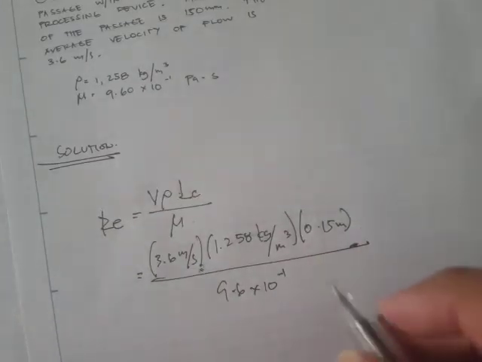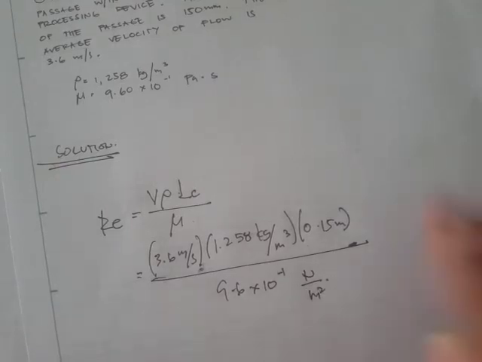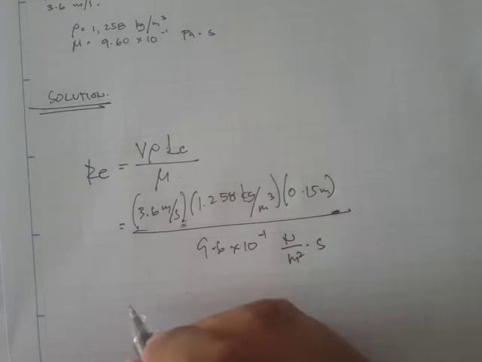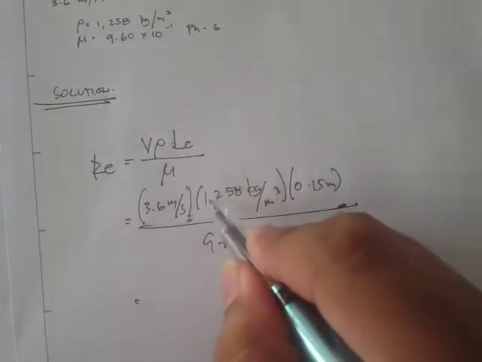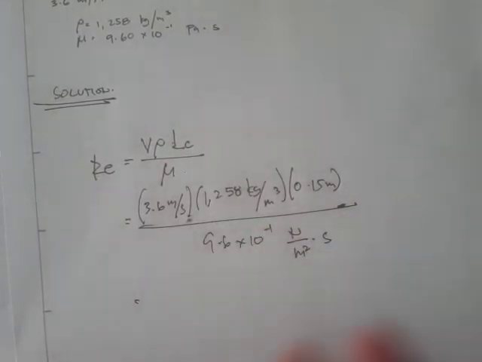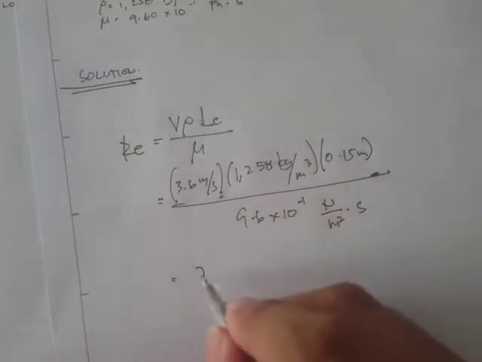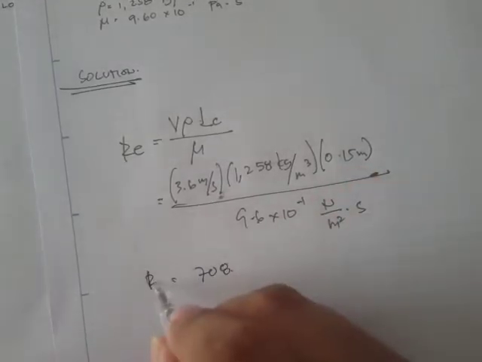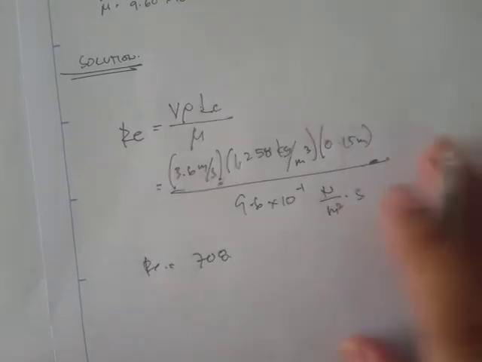That's pascal seconds, which is simply newton per meter squared times seconds. That's 1,258. If you do the computations, what you'll get is a value of 708. Let's check the units.